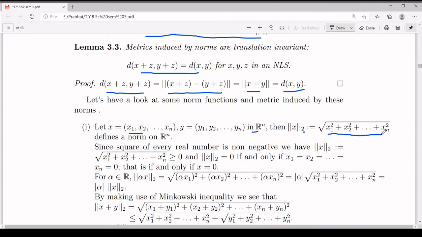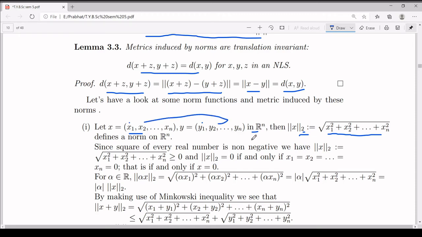Now, if you think a little bit, you can see this norm is arising from an inner product. Which inner product can you think of? This inner product will be the Euclidean inner product, or you say the dot product. That means what is the Euclidean inner product of x and y if you take? It will be x1 y1 plus x2 y2 plus ... plus xn yn.